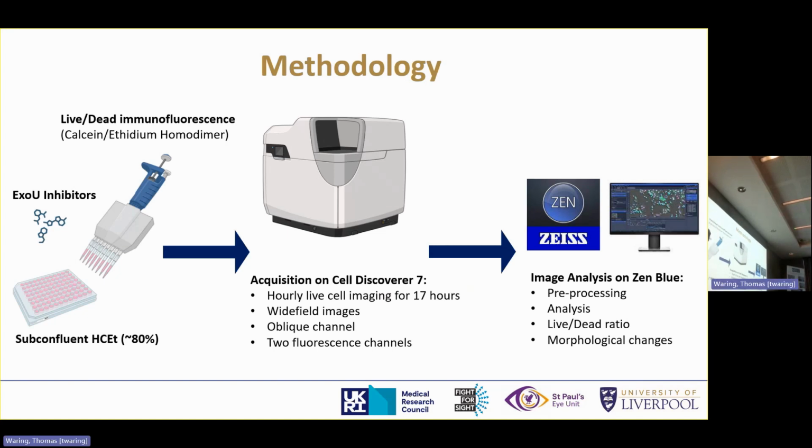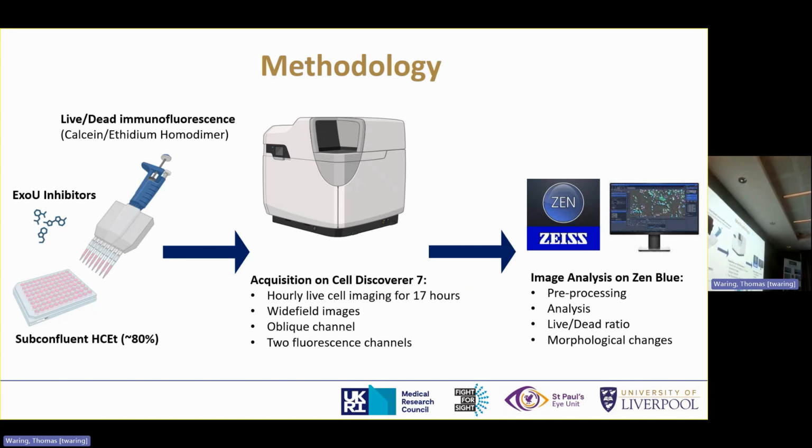On the left-hand side you can see, we grew a subconfluent layer of HCE cells in 96 well plates. We add our inhibitors, different combinations, concentrations, infect with Pseudomonas. We've been testing different strains, and then we've been using live dead imaging.